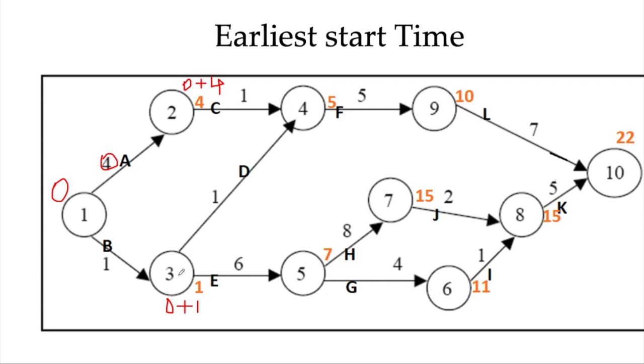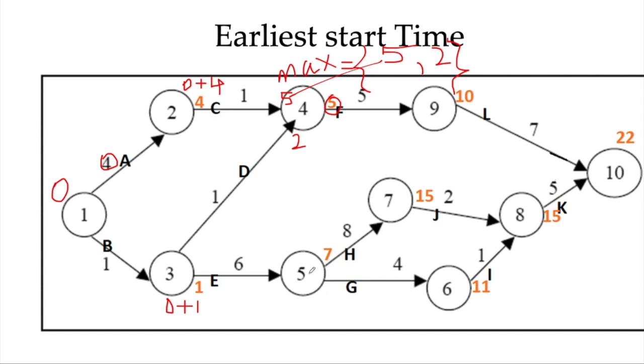Whereas D starts after the 1st day, and it will finish at the end of the 2nd day. So it will finish at 2, and C will finish at 5. So when can this activity F start? We say that it is the max of these 2 times, so 5 and 2. This will give us this time. So that's why we can see that this is 5.